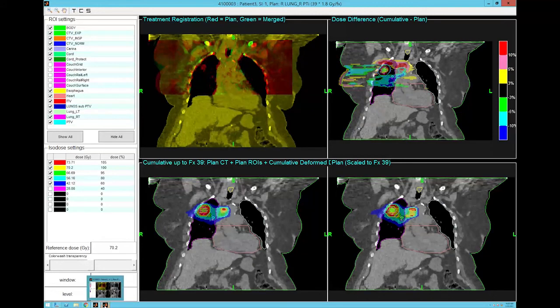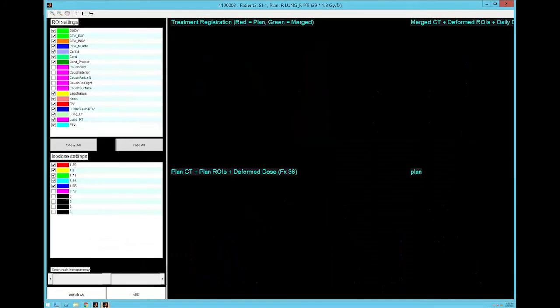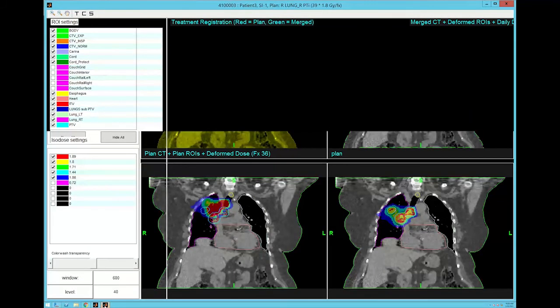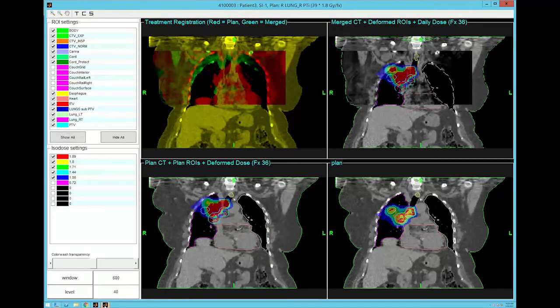But what I would like to show you is the daily comparisons, because that's what was most interesting. I have this viewer opened up to fraction 36, which was the fraction that we had seen the notifications for, as well as the red chiclet in the portal dosimetry comparison.